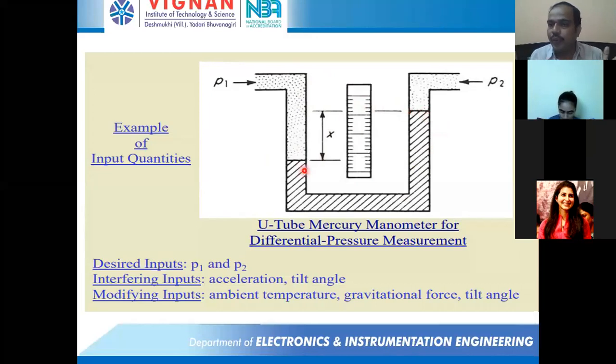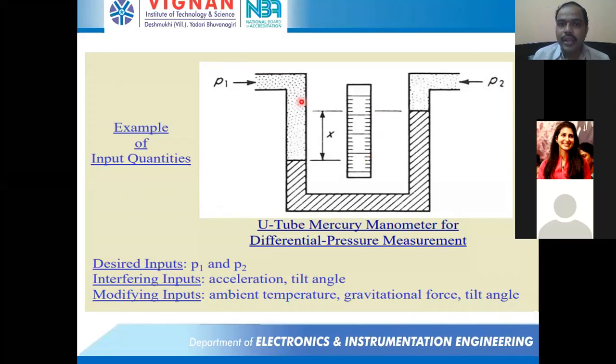When there is no pressure difference, that means P1 equals P2, both levels are equal, so the difference H will be 0. Here you can assume that P1 is greater than P2. That's why in this limb the mercury level is decreased and in the other limb it is increased. That difference I am calling X, or in some books it is H.